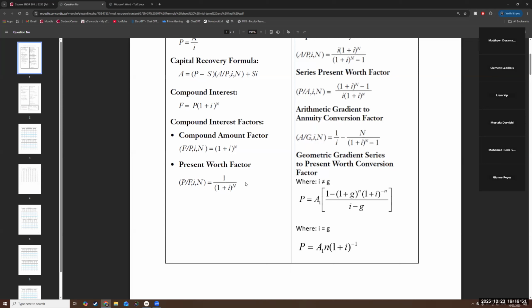So the effective interest rate is supposed to adjust for the period, right? A 12% interest rate for a year is not the same as a 1% interest rate per month. That calculation won't come out to the same thing. But what the effective interest rate does is it gives you a yearly interest rate that will come to the same as 1% per month here.